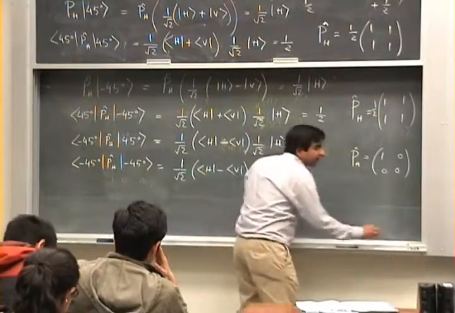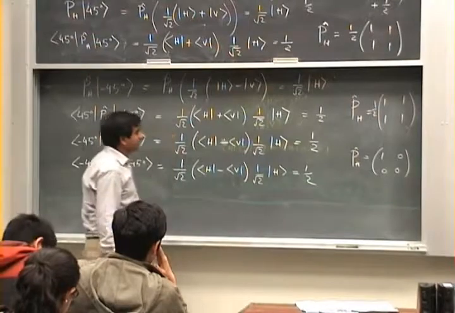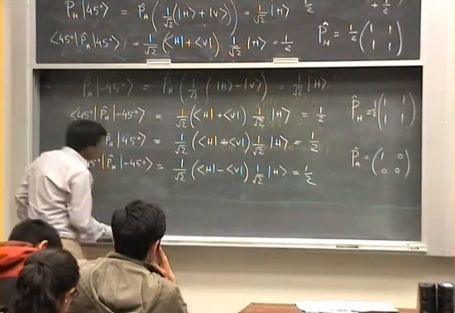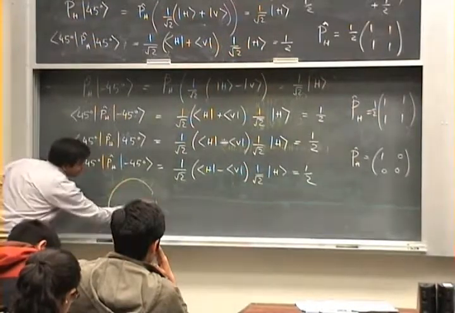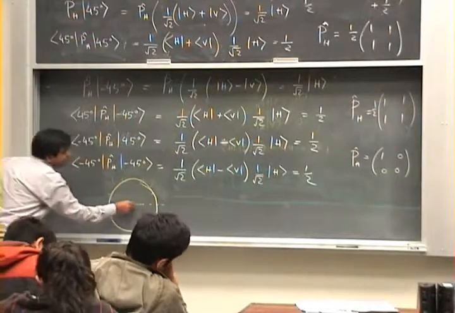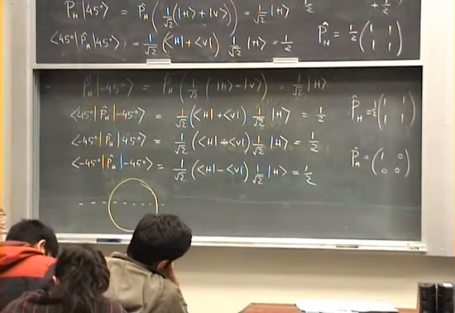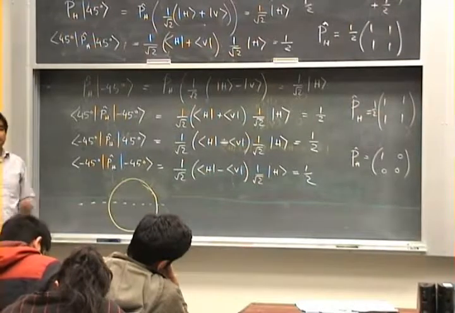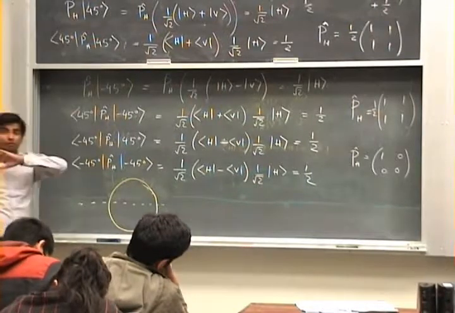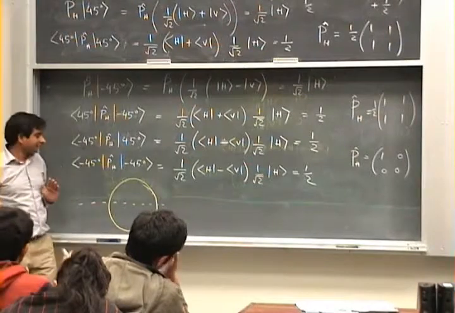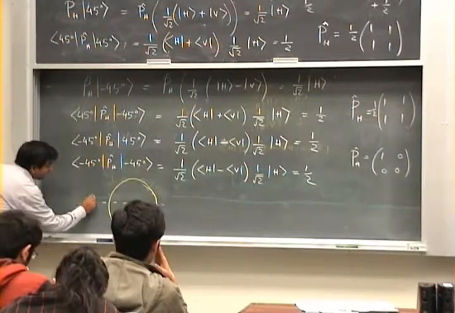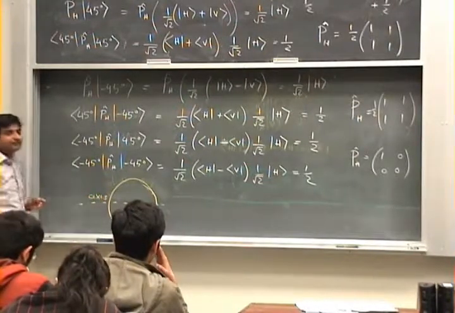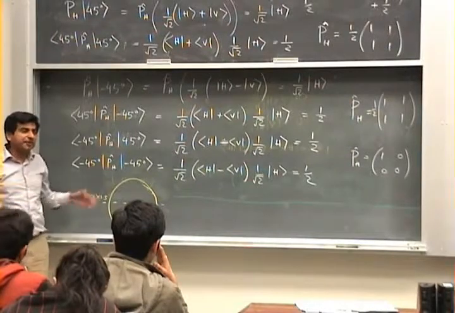Now what does this physically correspond to? Suppose I have a polarizer. Okay? And this is the horizontal axis. Now listen to this very carefully. This is the axis, the physical axis of the polarizer, the transmission axis.